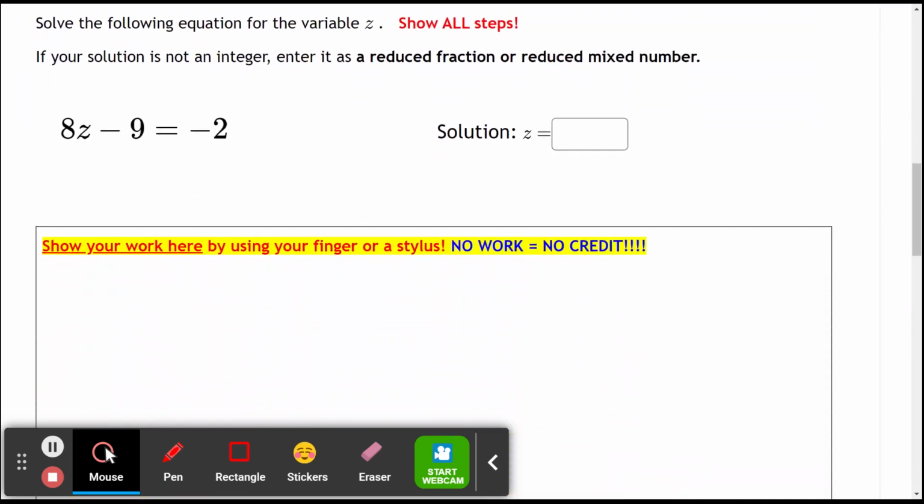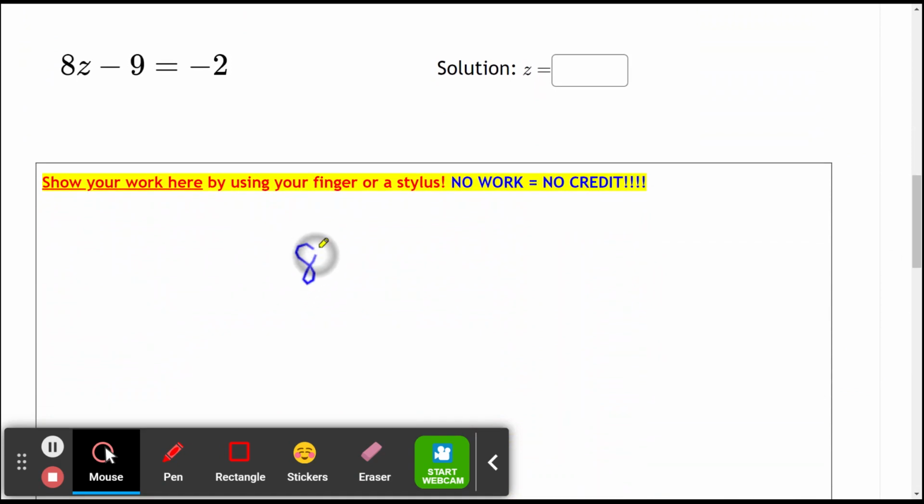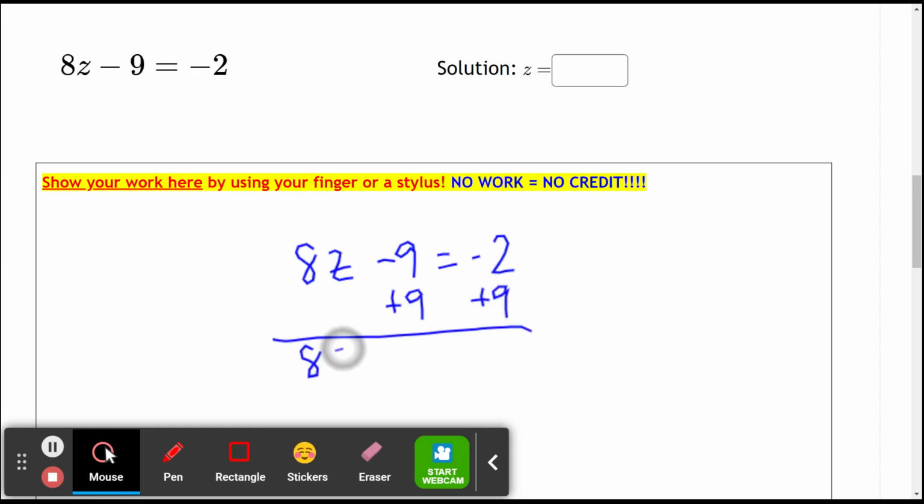On the next one, we have 8z minus 9 equals -2. And we would add 9 to both sides. So we have 8z equals -2 plus 9 is 7.